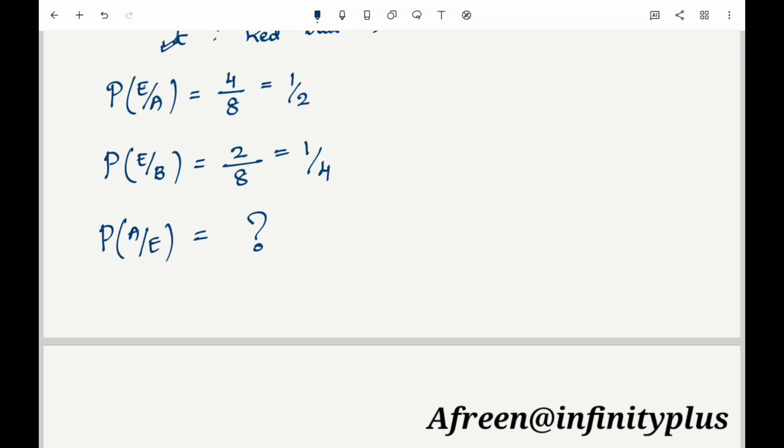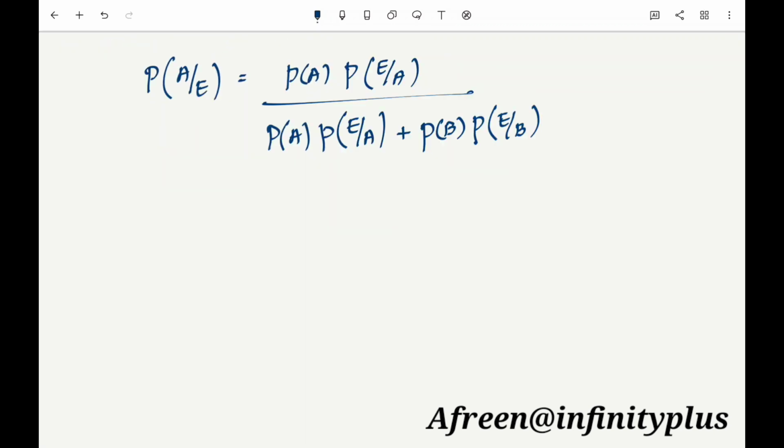So let's apply the probability formula here. Here I have written the probability formula as it is. Probability of A given E is equal to, since two events are happening here, probability of A into probability of E given A, divided by the same term plus the other one. This numerator depends on what you have found as the probabilities.